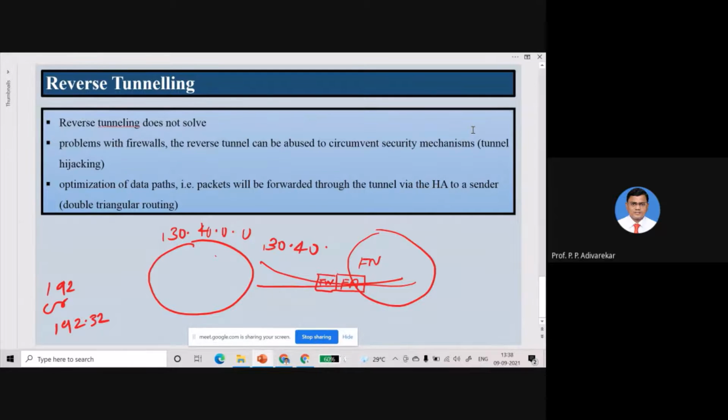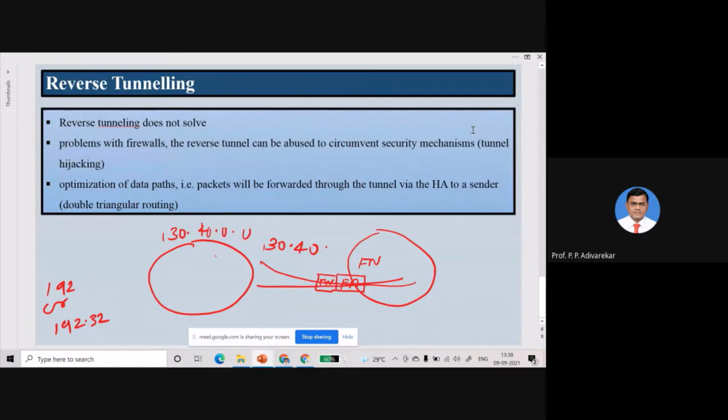We have several times observed in information security or cyber security where an intruder hijacks the tunnel, that means listens to the packets from the tunnel and receives information regarding the source of the packet. If that is done, then whatever confidential information is inside this network will be revealed to the intruder, and that is not intended by the firewall present in the foreign agent.